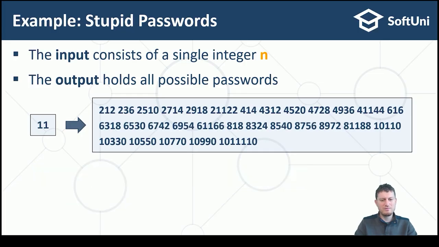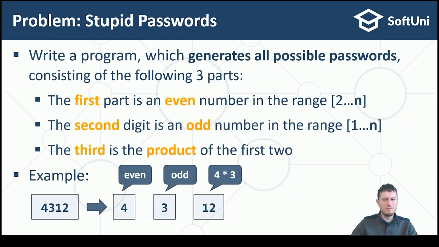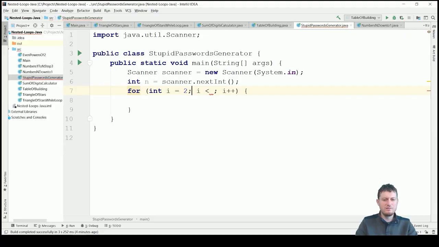Let's go back to the problem statement. Even numbers in the range from 2 to n. Even number from 2 until n with i plus equals 2, because it should go through 2, 4, 6, 8, etc. Okay, so this should be named better.